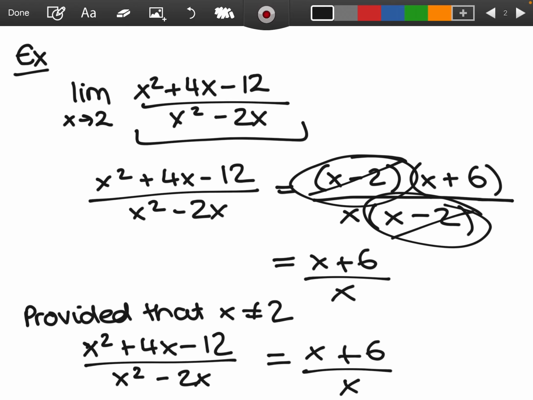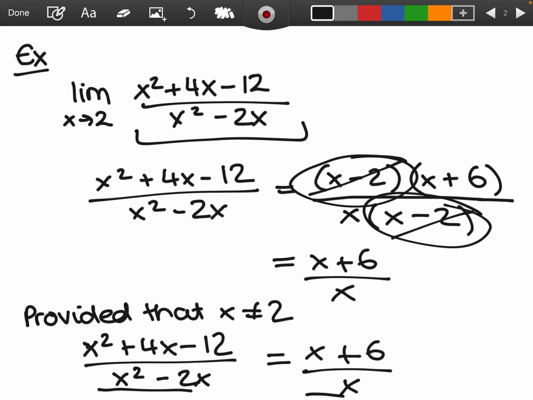I can get very, very close to 2, but as long as x doesn't actually equal 2, I know that these two expressions can be the same. Otherwise I end up cancelling out a term that has a 0 in it from when you plug in that x is equal to 2 value. Okay.